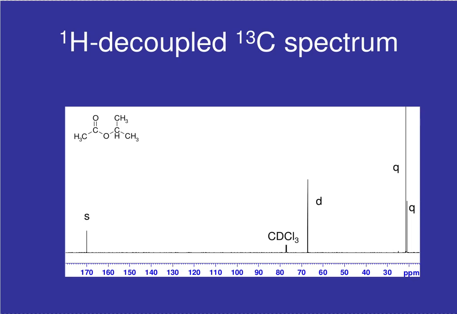Okay. Please be careful with some compounds because you might have carbons that have some chemical equivalence. So the first thing you need to do when coming to a carbon spectrum is you need to just check that the number of signals matches the number of carbons. So in this compound, I hope you see that there are 5 carbon atoms, but in the spectrum there are only 4 signals.